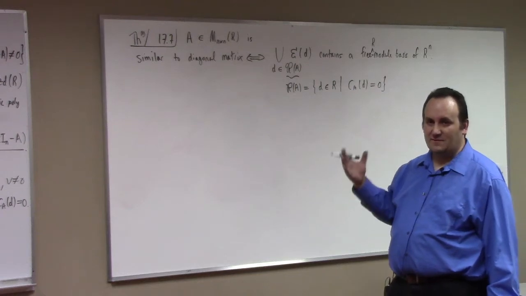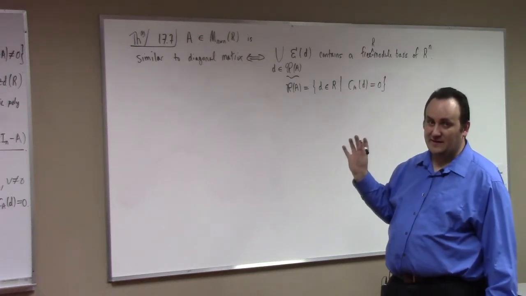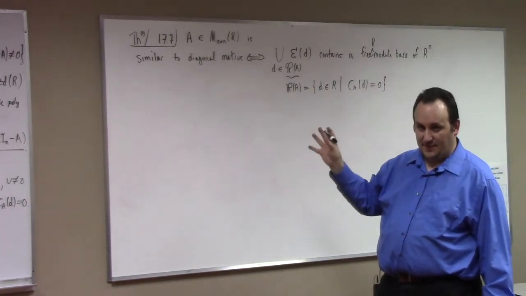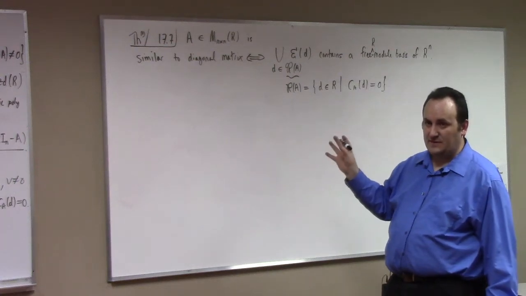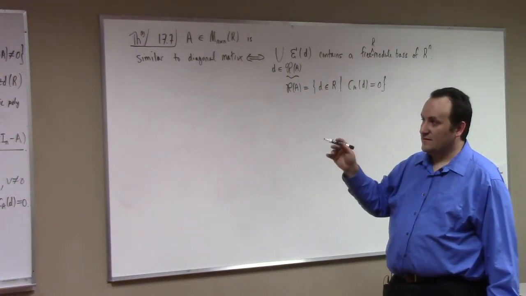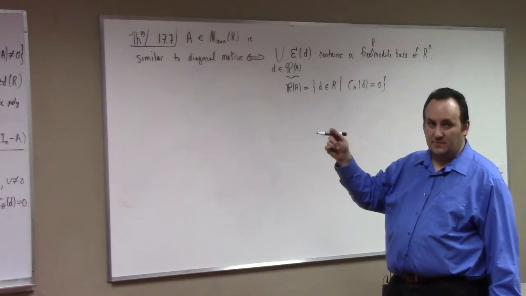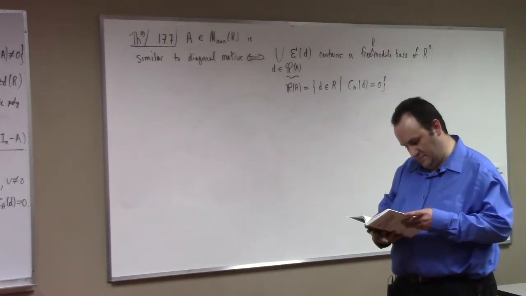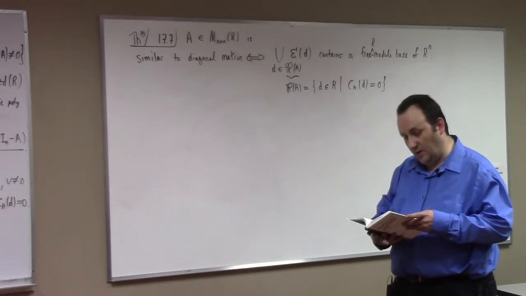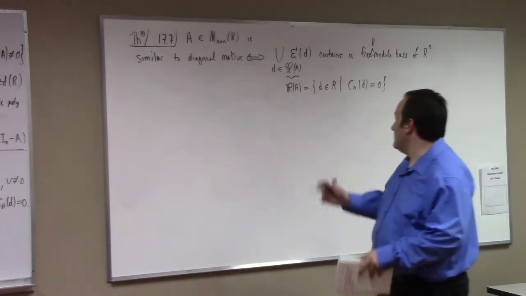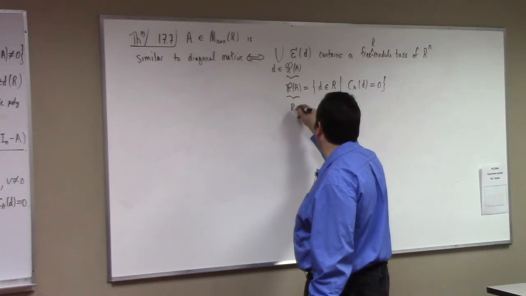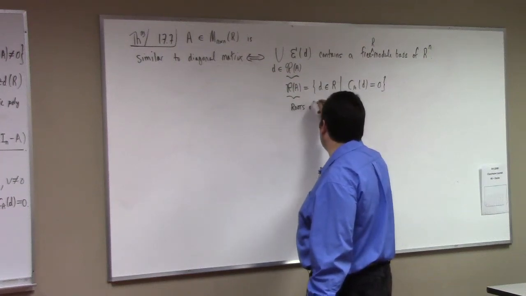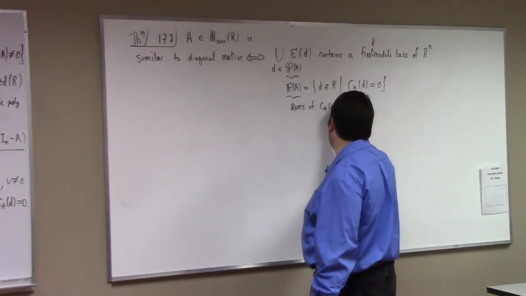It has to do with what happens when you evaluate the characteristic polynomial of A at D. If you get a zero divisor, then it's in the spectrum, but it's not in this R of A, which has a name. Oh, this is the roots of C A of X, okay?